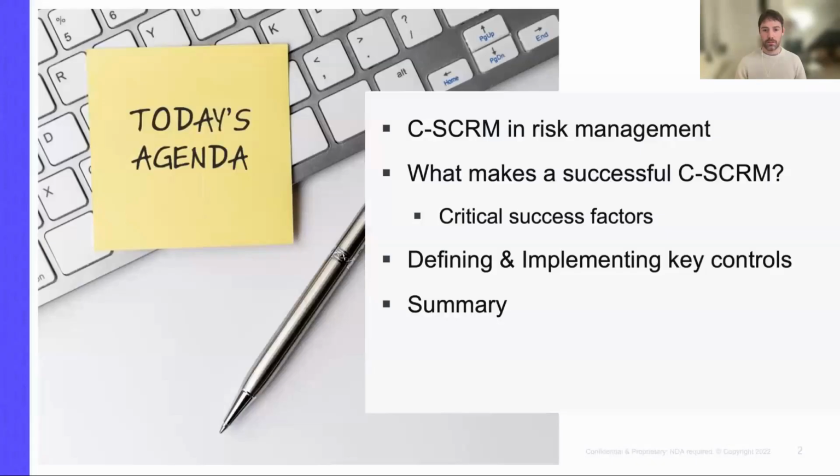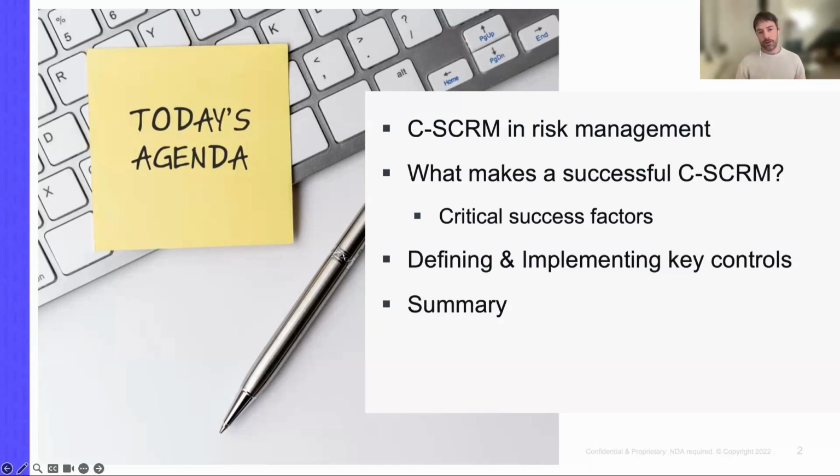So let's kick off looking at what the agenda is for today. We're focusing on the CSCRM in risk management. What makes a successful risk management platform, and we're doing a deeper dive into some of the key critical success factors that the standard outlines, and that we feel best represents some of the core directions that you need to go in. If you're developing a program for the first time, or if you've already got a program, you're looking at best practices and areas to maybe focus on or to refocus on.